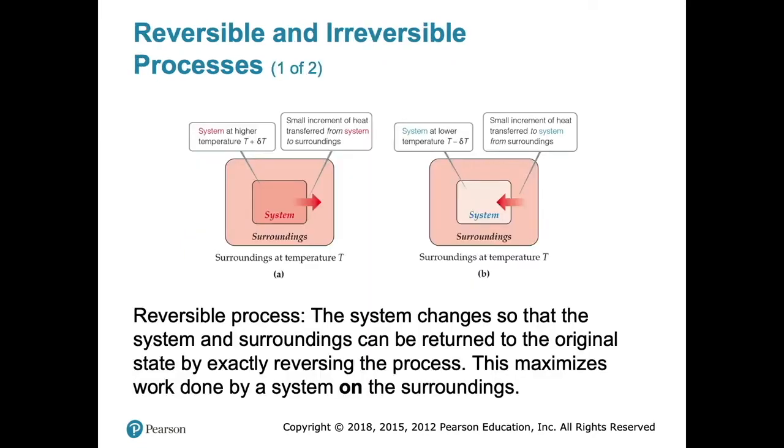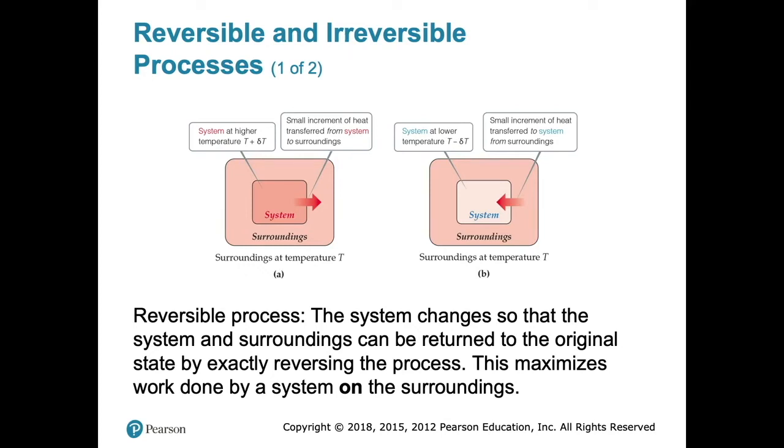Okay. Reversible and irreversible processes. So you could have your surroundings, and you can have your system, okay? The system at a higher temperature can transfer heat from itself to its surroundings, right?